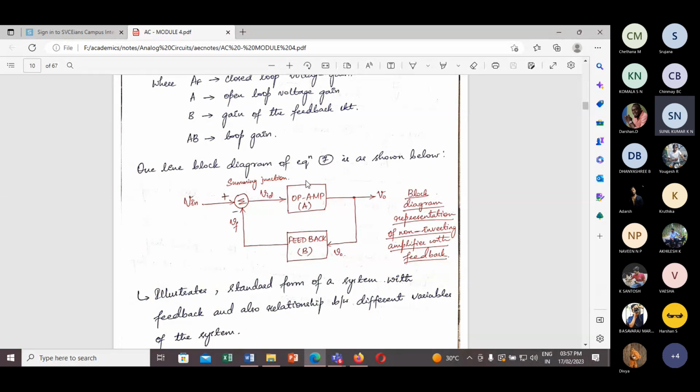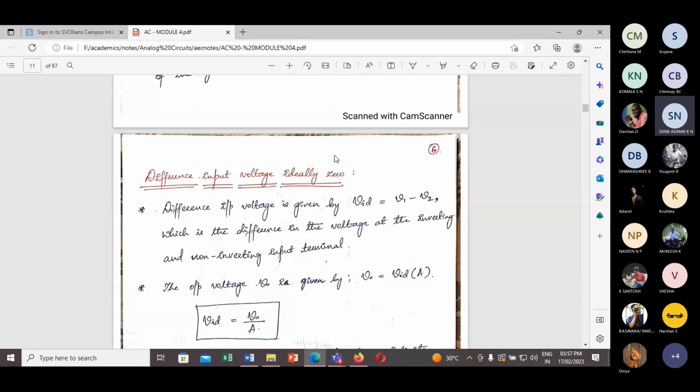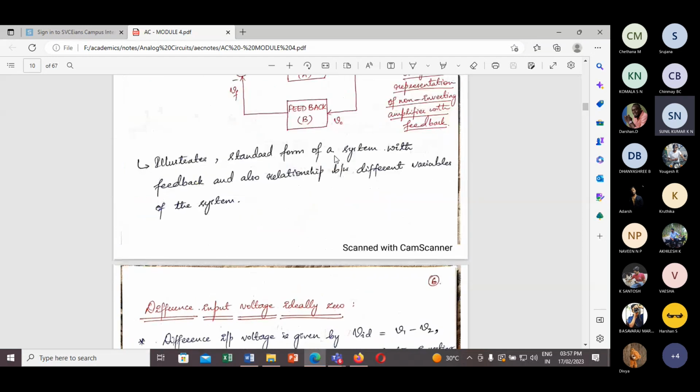The main amplifier is the op amp, which amplifies the input signal VID and provides output voltage V0, and from the output voltage we give input to the feedback circuit. So this is the block diagram of the voltage series feedback of the amplifier, or the block diagram of the non-inverting amplifier with feedback. So this is about the voltage series feedback.